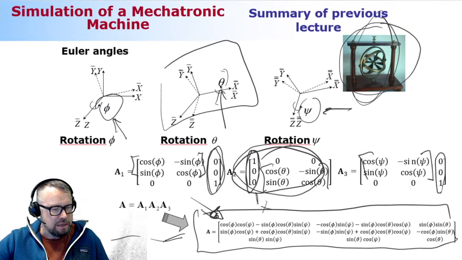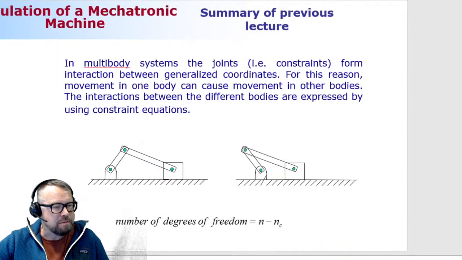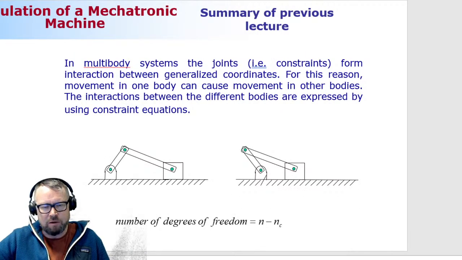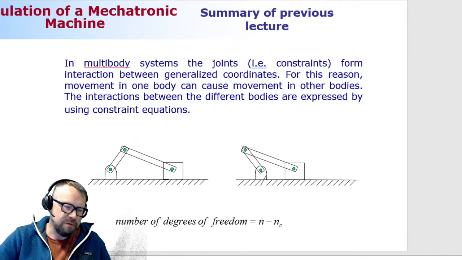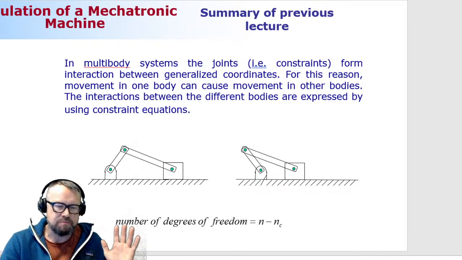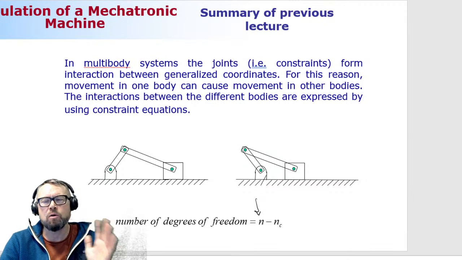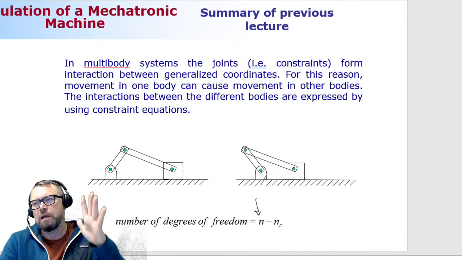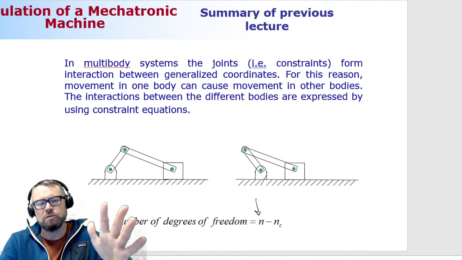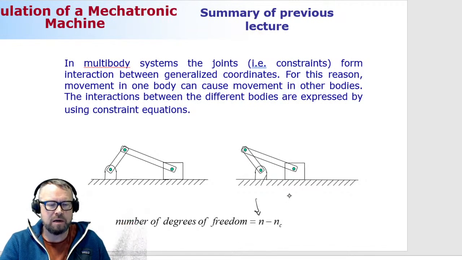Okay, so the final thing we learned last week was how you can compute the number of degrees of freedom. The number of degrees of freedom can be computed very simply. You just count the number of tensorized coordinates, which depends on how many bodies you have in a system, and then you count how many constraints you need.